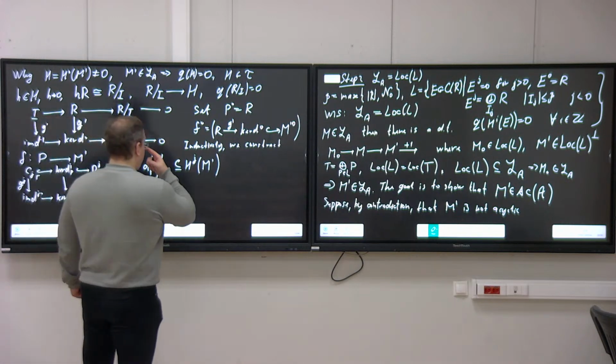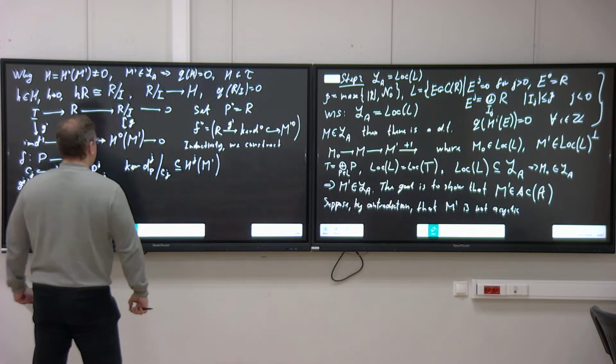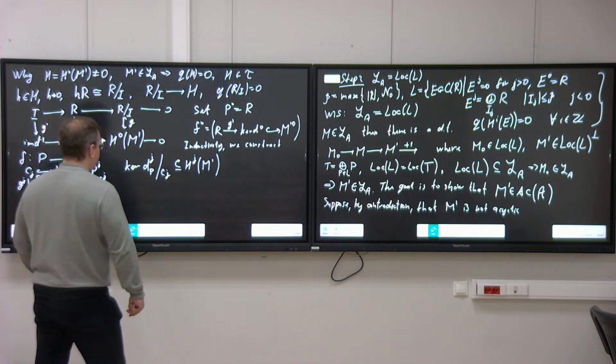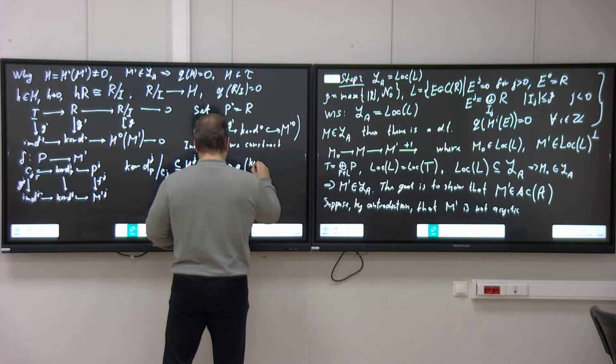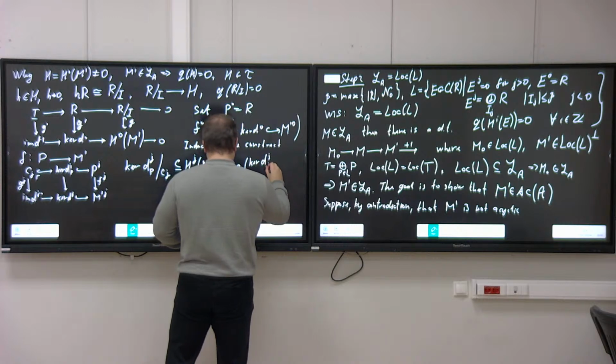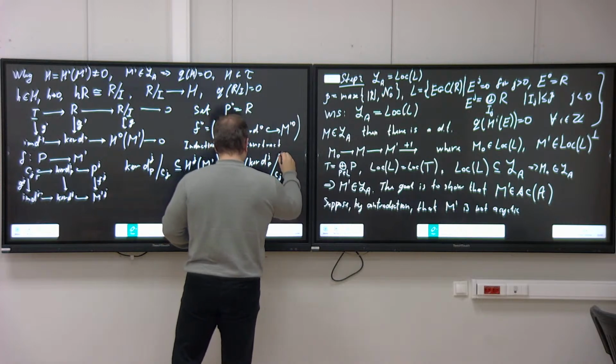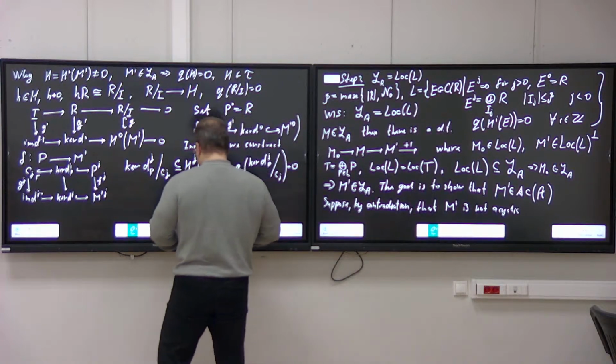But when I apply the functor q to this cohomology, I get 0. If I apply q to the sub-object, I still get 0. So q of the kernel of the d_j^P modulo Cj is 0.